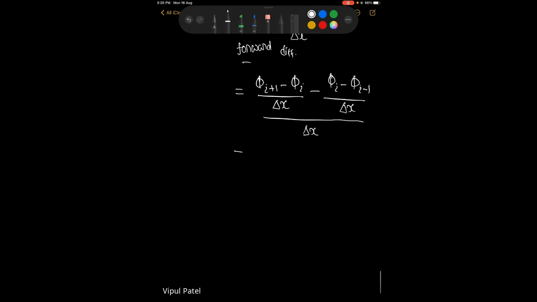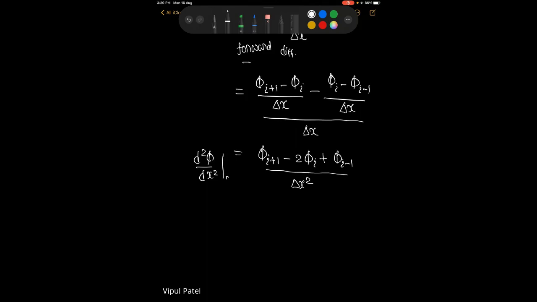If I simplify this particular term, I'll get phi i plus 1 minus 2 times phi i plus phi i minus 1, divided by delta x square, and this is the expression of d square phi by dx square at any point i.